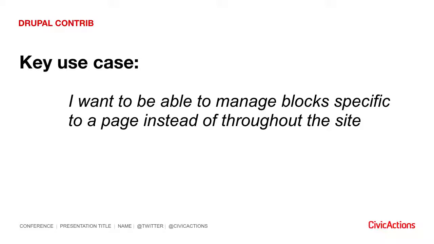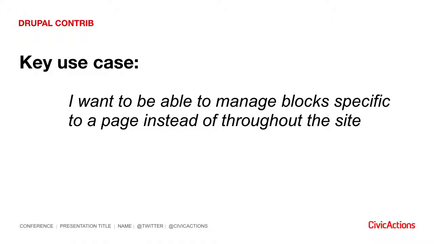The use case that we looked at is that I want to be able to manage blocks specifically on a page on my site, right? The way that blocks work in Drupal 8 out of the box is you place them in a region, and you do have the ability to specify the context, like it should only show up on these pages. But the interface for doing that is every block that's in the site, right?